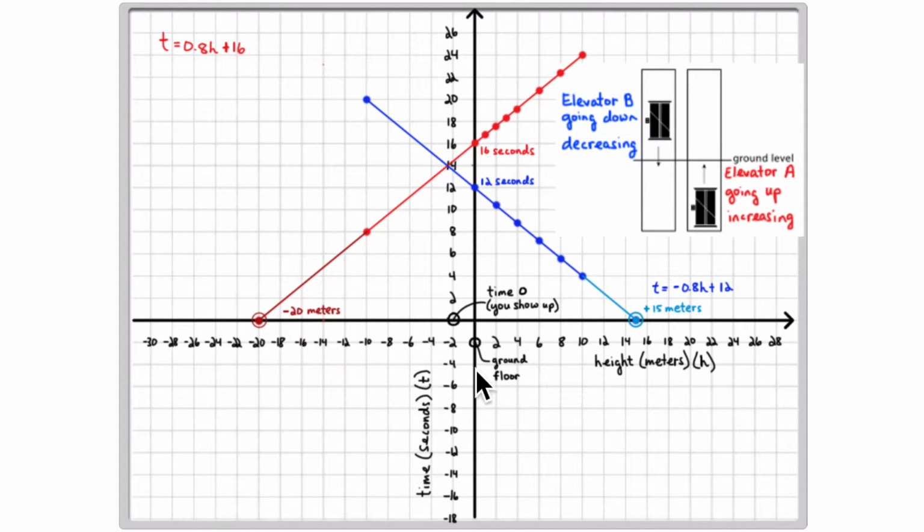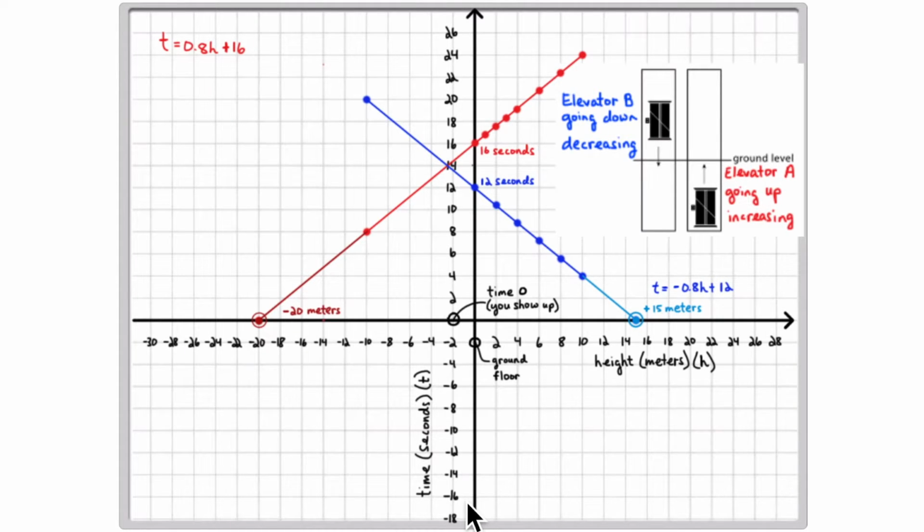So now let's go backwards in time 16 seconds. I should have drawn these lines in here. But this elevator is going back up to ground level, and so 16 seconds before you showed up, this elevator was at ground level. So you're going to go back 16 seconds, and now we're going to go forward 16 seconds.